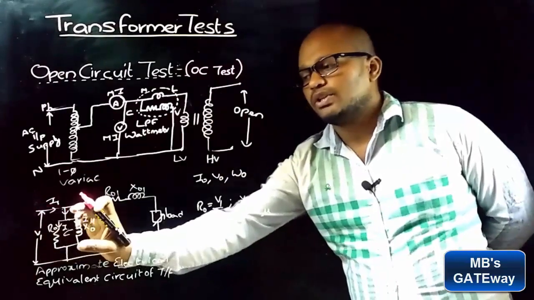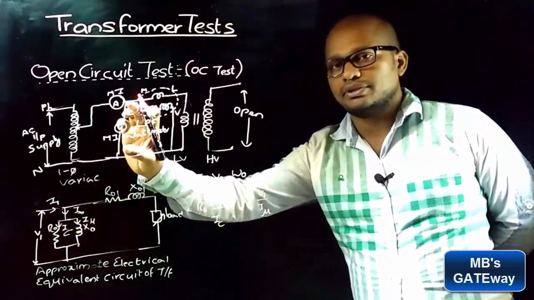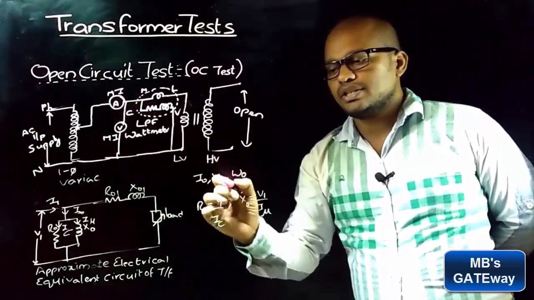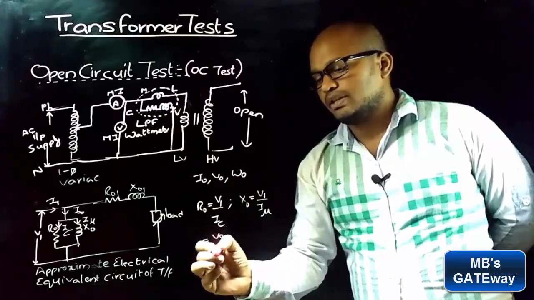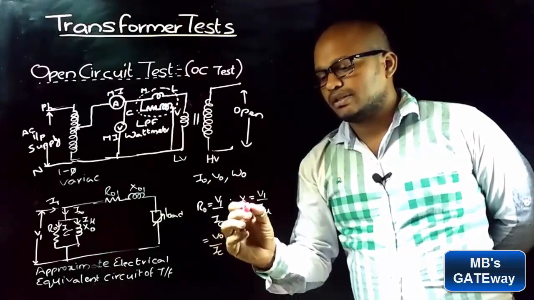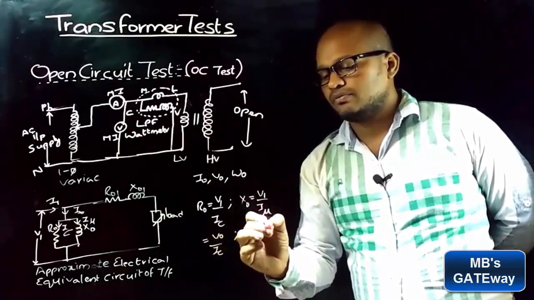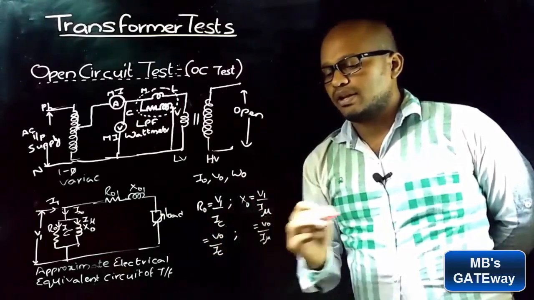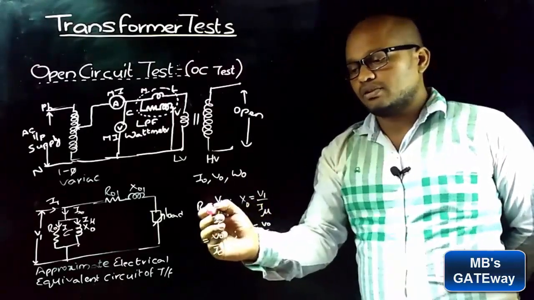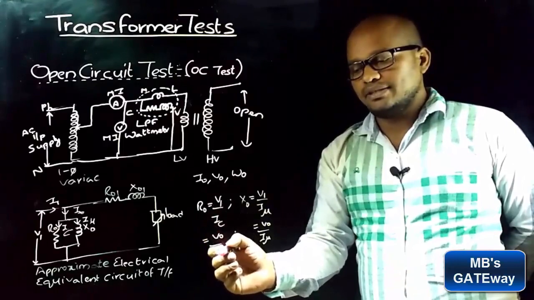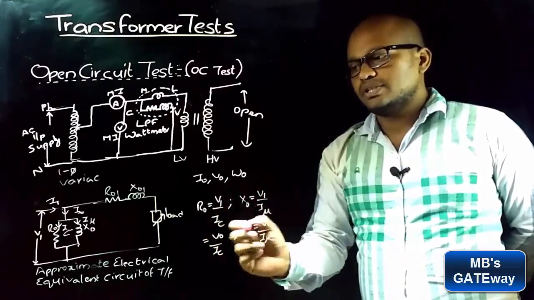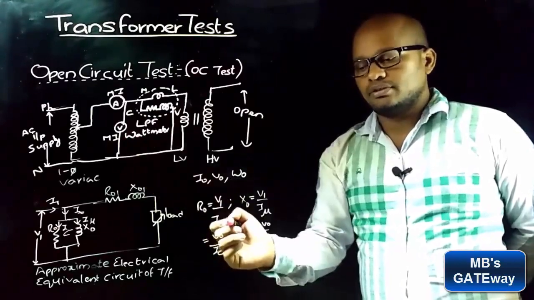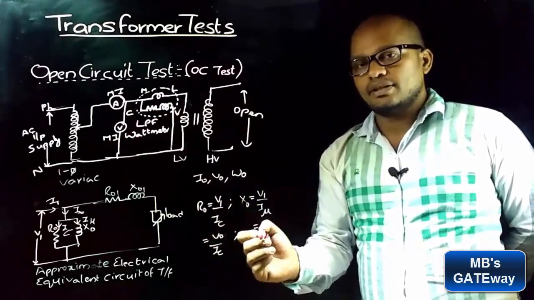As the input voltage V1 is read by the voltmeter, the input voltage is taken as V0. So R0 is equal to V0 by IC and X0 is equal to V0 by I mu. To find R0 we need to find IC, and to find X0 we need to find I mu, and V0 is given by the voltmeter reading. So we need to find IC and I mu.